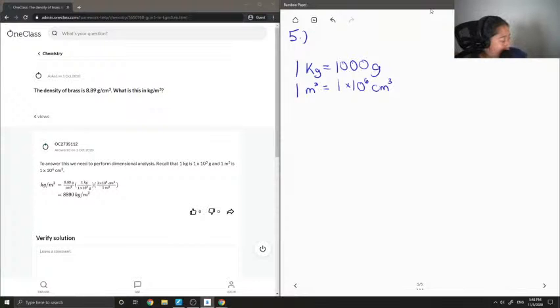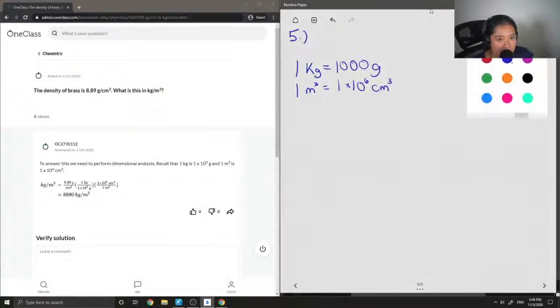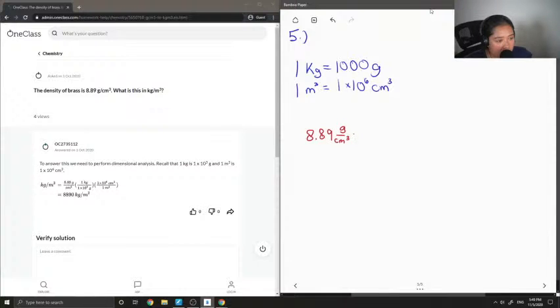So let's say we started off with 8.89 grams per centimeter cubed. I would first have to multiply it to get rid of the grams. So first I would put the units I'm looking for on top, which is kilograms over 1,000 grams.